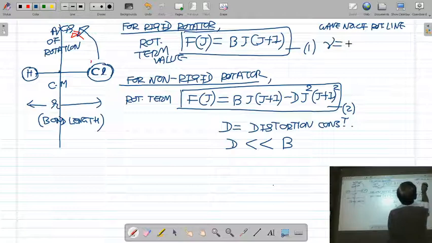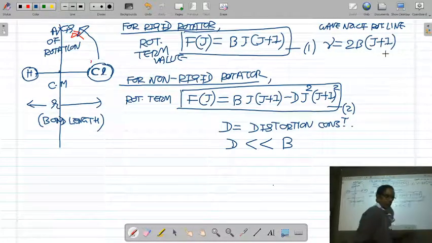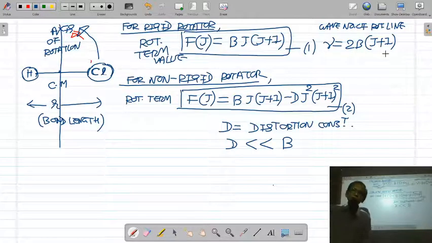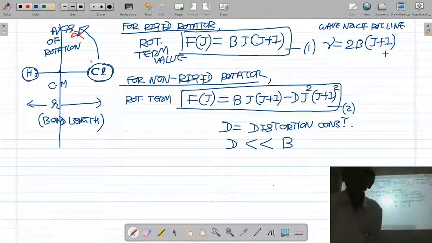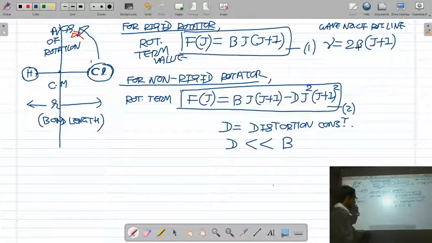It is 2B(J+1). You know that in the case of a rigid rotator, the wave number of an absorbed or emitted rotational line is given by 2B(J+1), where J is the lower quantum number and B is the rotational constant. Now for the non-rigid rotator, we will obtain the equation of the wave number of the rotational line.